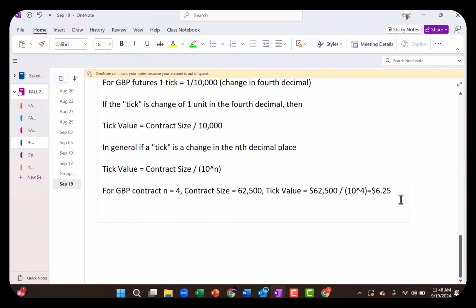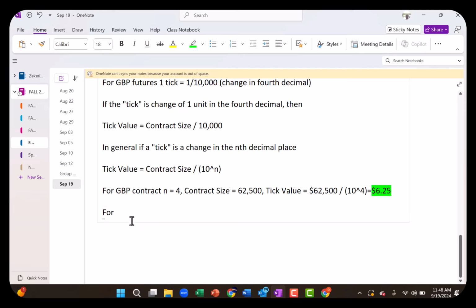So it's $6.25. So going from 132.46 to 132.47 makes you lose or gain $6.25 based on whether you're long or short.